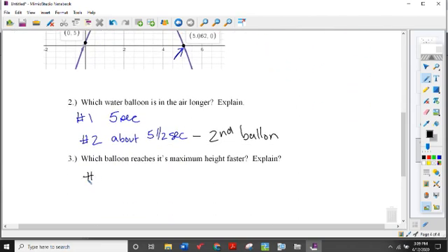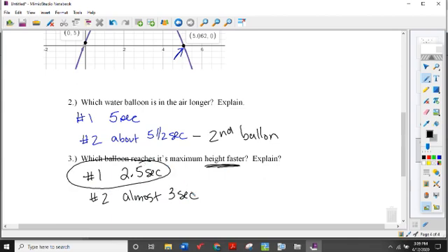So balloon number 1 reaches its maximum height at 2.5 seconds. Balloon number 2 almost 3 seconds. So which one gets to its maximum height faster? Well, that would be balloon number 1, because it reaches it in 2.5 seconds.